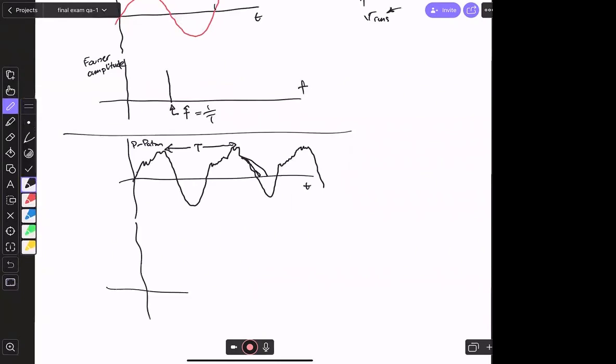Then when you look at the Fourier amplitude as a function of frequency, you would still have a peak at the fundamental, which we could call f naught equals 1 over T, but you'd also get peaks at integer multiples of that. So there'd be a peak at 2f naught, 3f naught, etc. And the relative height of those different peaks would depend on the details of the more complicated waveform.